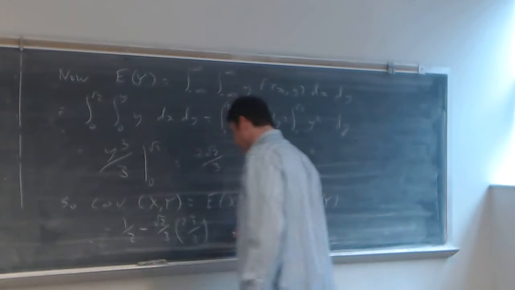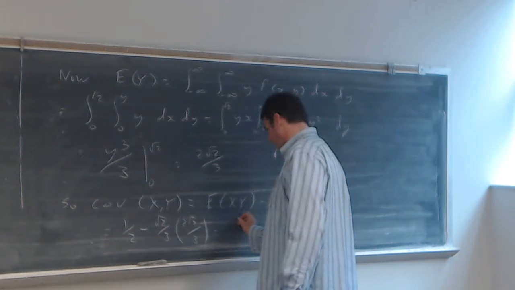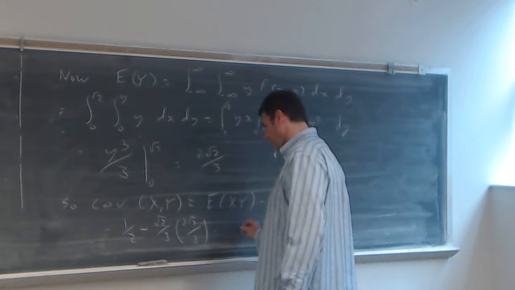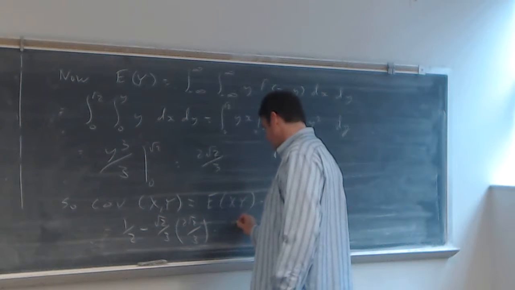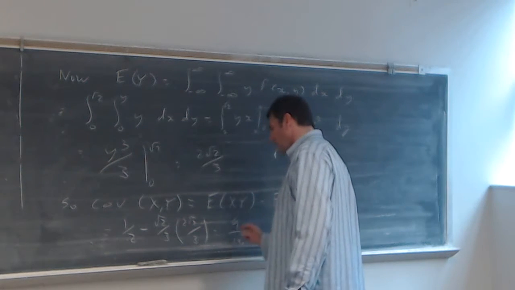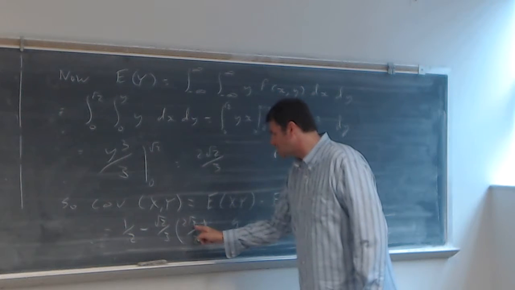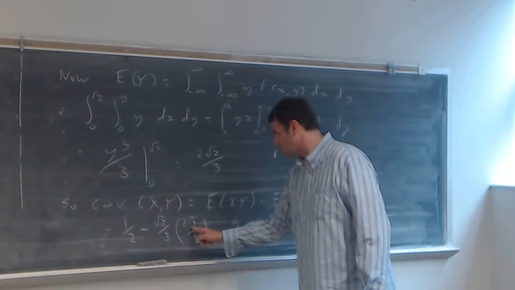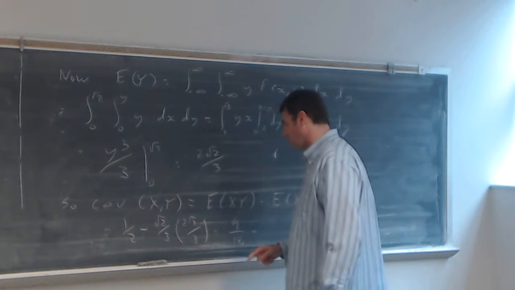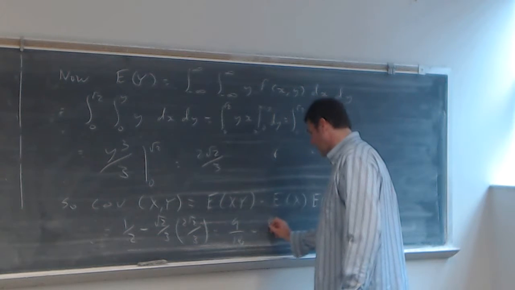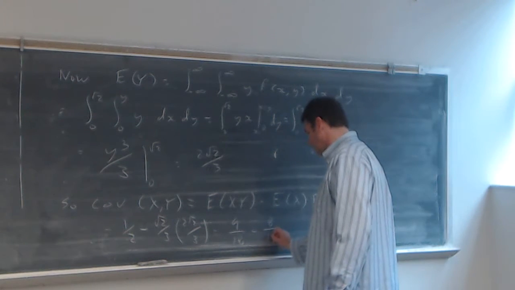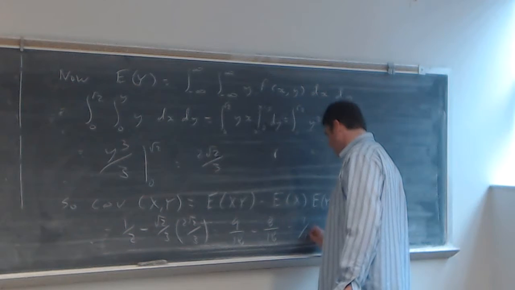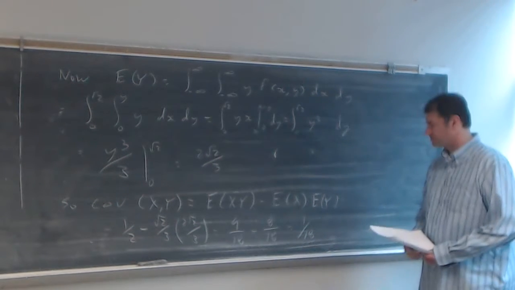So that ends up being, we're going to get a common denominator of 18. So it's 9 over 18 minus, here, square root of 2 times square root of 2 is 2, 2 times 2 is 4 over 9, so it's going to be 8 over 18. So I end up getting 1 over 18.